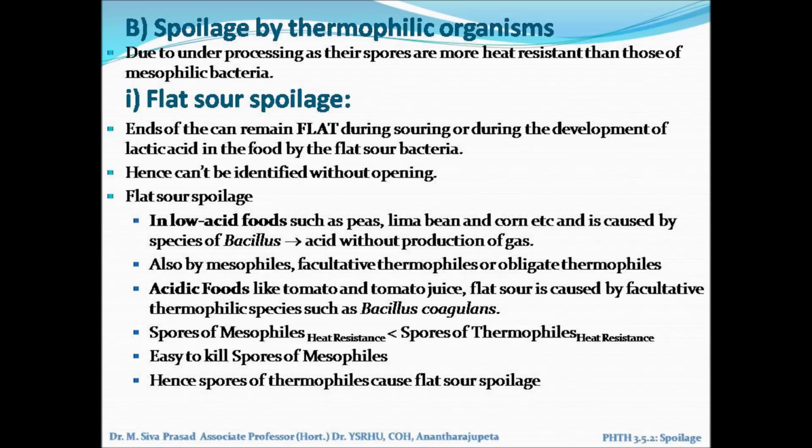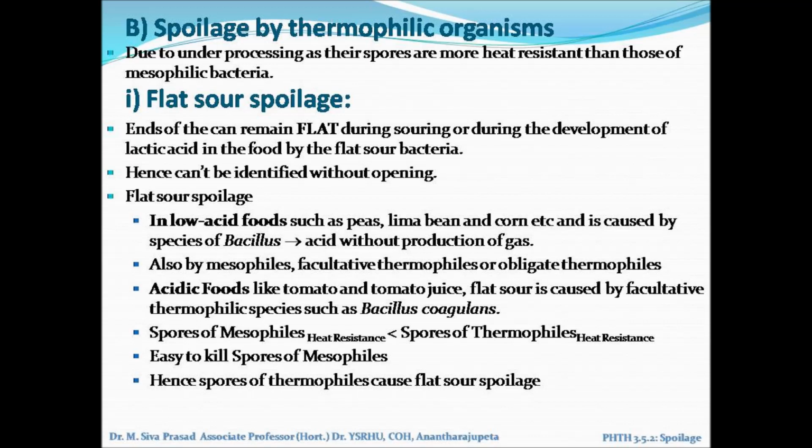Under spoilage by thermophilic organisms, we have three types of spoilage: flat sour spoilage, TS spoilage, and sulfide spoilage. Let's discuss the first thermophilic spoilage, that is flat sour spoilage.